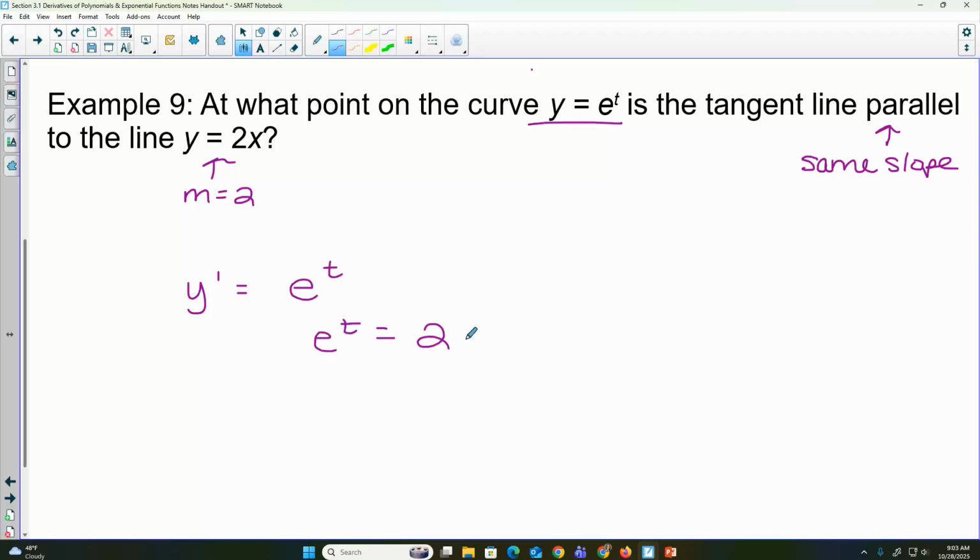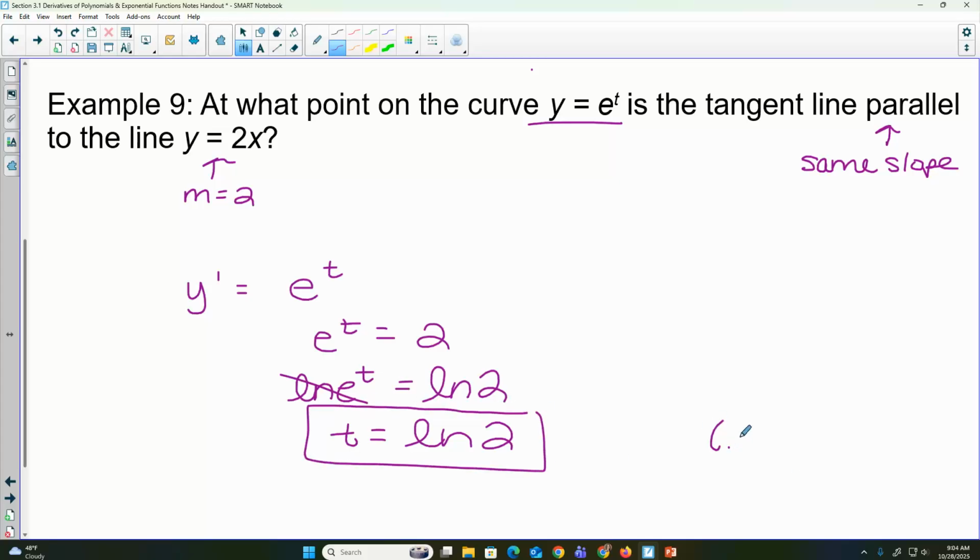All right, this is really testing your algebra. Do you remember what I can add here that would cancel out? Yes, take a natural log on each side. The natural log and e cancel, so t is the natural log of 2. If you wanted an ordered pair, you could plug it into the original.